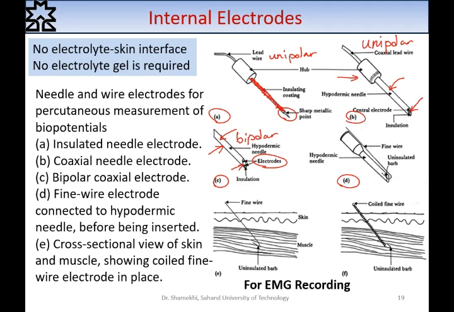The fourth electrode is fine wire. Fine wire electrode is inserted to the skin using a hypodermic guide needle.